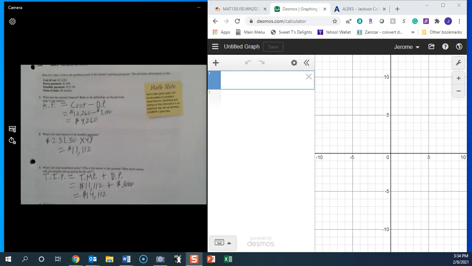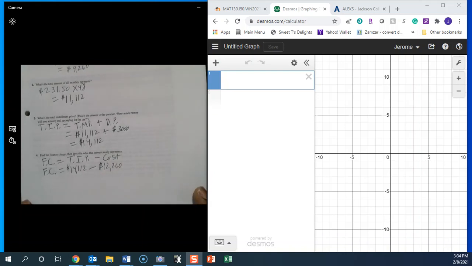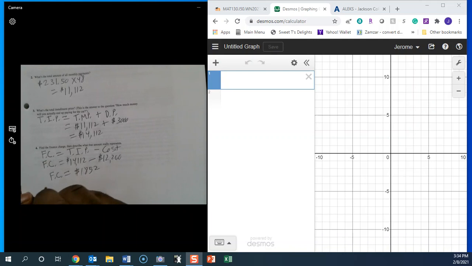If we look back up here, the cost was $12,260. So now when we subtract these values, your finance charge would be $1,852.